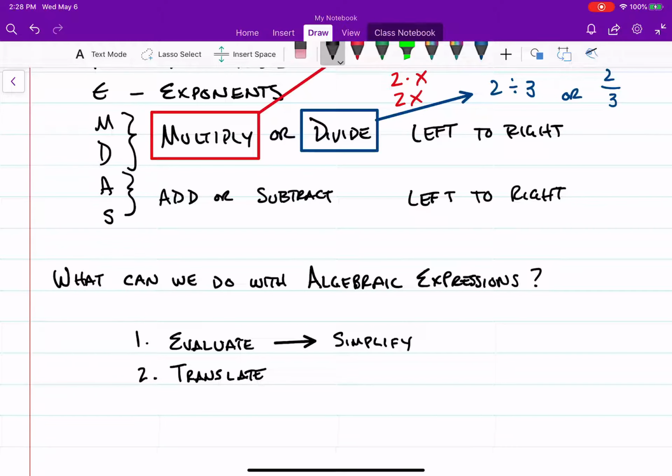But even before you simplify, you're also going to need to know how to substitute. So you're going to substitute, and then you're going to simplify. Okay, so that's what usually happens with evaluate. Translate is just literally converting words to those operations, and knowing when to use what variable.